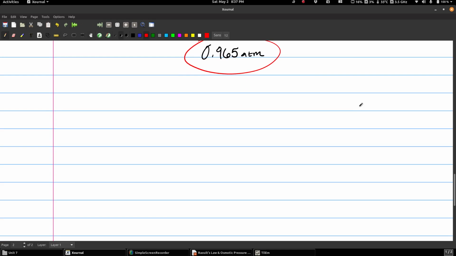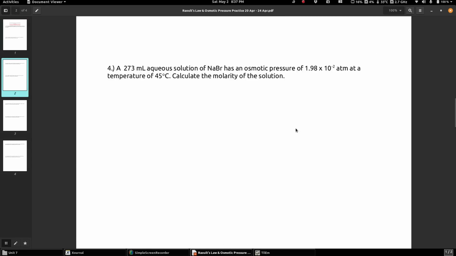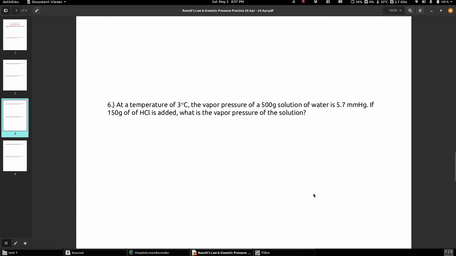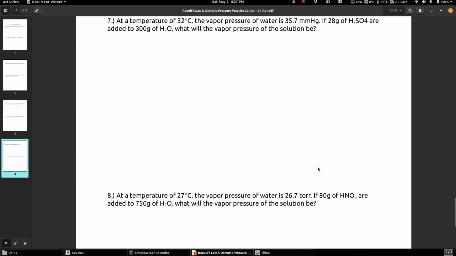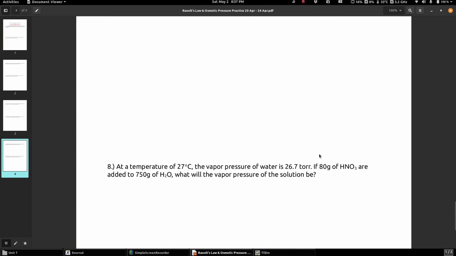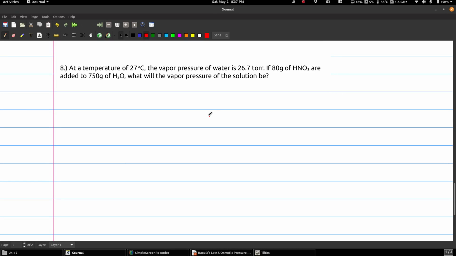Alright, so the next thing that I've been noticing was, we'll do a Raoult's law problem, because I had a few questions about that too. Alright, so this one. At a temperature of 27 degrees Celsius, the vapor pressure of water is 26.7 torr.